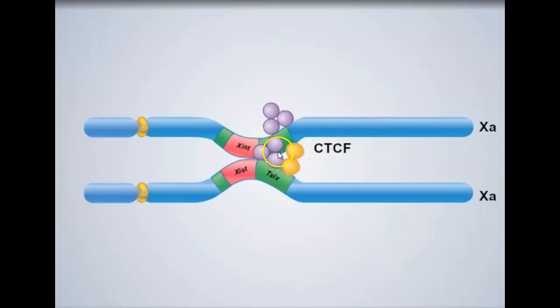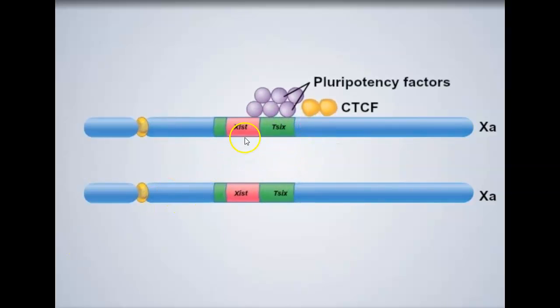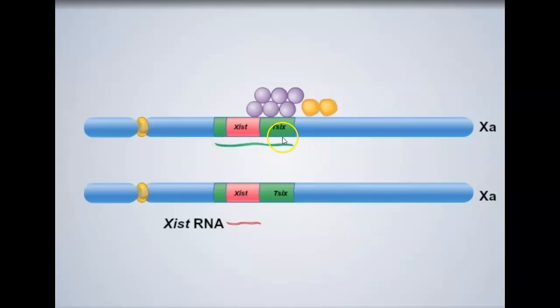What's going to happen is all these factors are going to jump onto one or the other and keep active whichever one they jump onto. In this case, the pluripotent factors and CTCFs are going to jump onto the top one. These are going to allow the transcription of TSIX, which again was the green light. So this one's going to continue to be the active X chromosome.